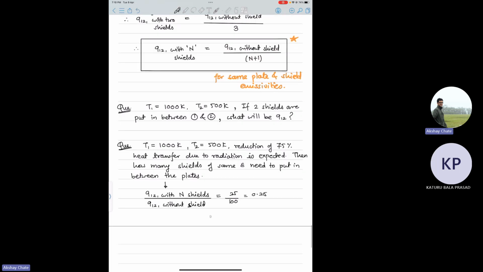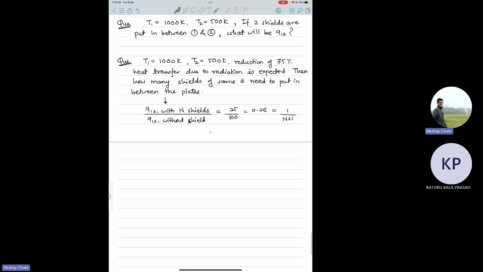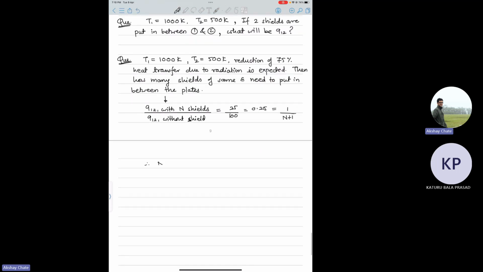And we know that if you look at this formula, which is the derivation we have got, if you take this numerator in the denominator here, you'll get the same term, right, which is here. So therefore basically this has to be equated to 1 by n plus 1. Therefore your n plus 1 becomes 4, and then you need to put 3 shields. Okay, so that is another variation.